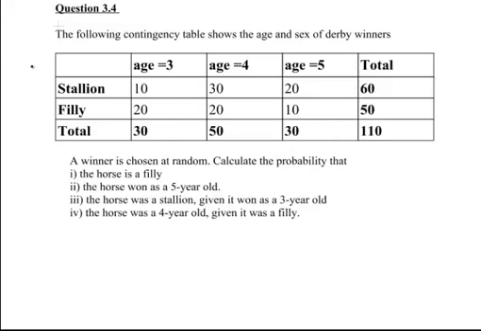So what we have to do here is compute the probability that one, the horse is a filly, two, the horse is a 5-year-old, three, the horse was a stallion given that it was a 3-year-old, and four, the horse was a 4-year-old given that it was a filly.